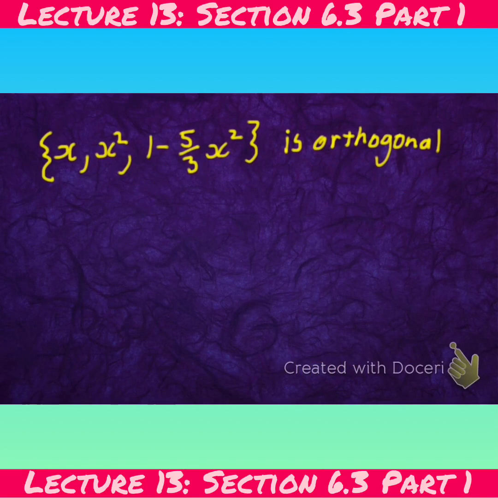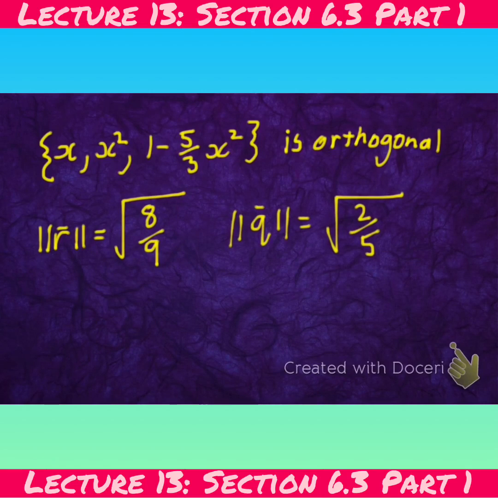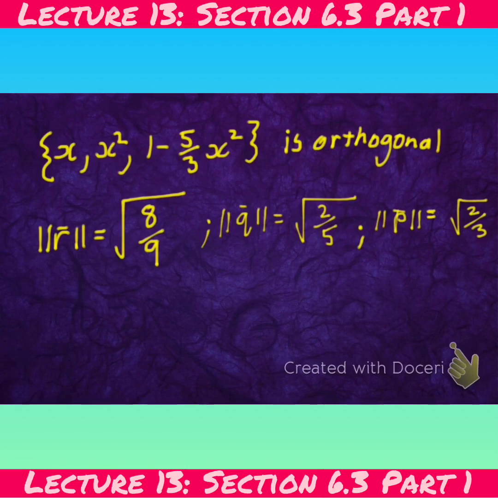So remember this set we calculated that it is in fact orthogonal, and we calculated the norm of r to be the square root of 8/9, the norm of q to be the square root of 2/5, and the norm of p to be the square root of 2/3. So basically orthonormal.